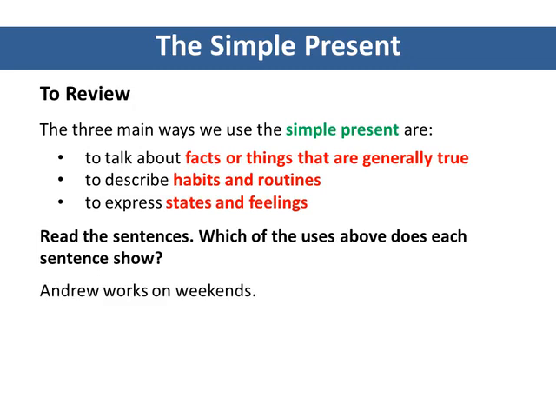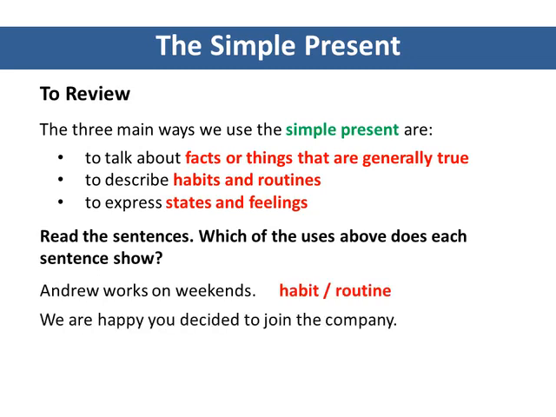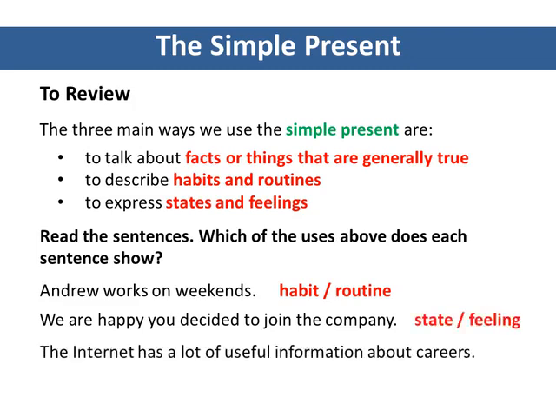Andrew works on weekends. Habit or routine. We are happy you decided to join the company. State or feeling. The Internet has a lot of useful information about careers. Fact or general truth.